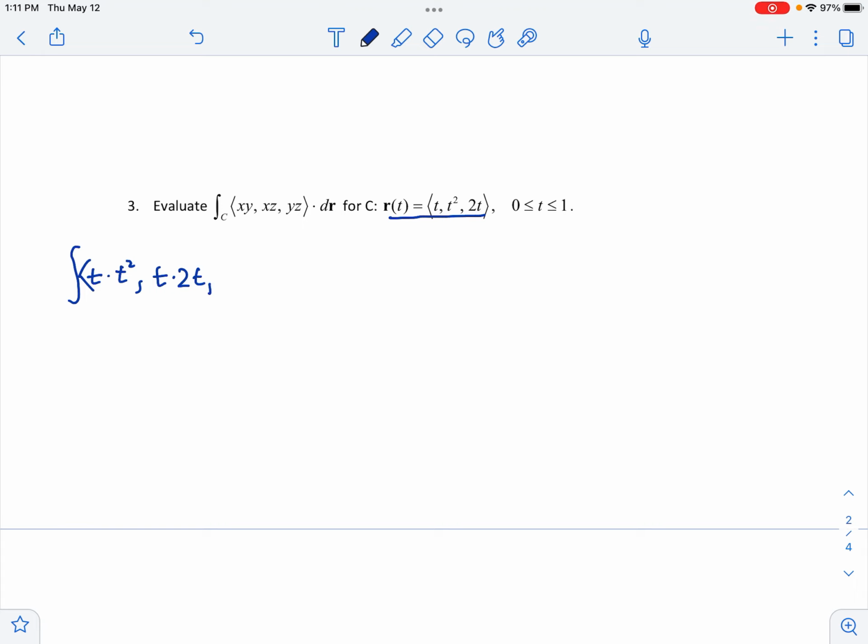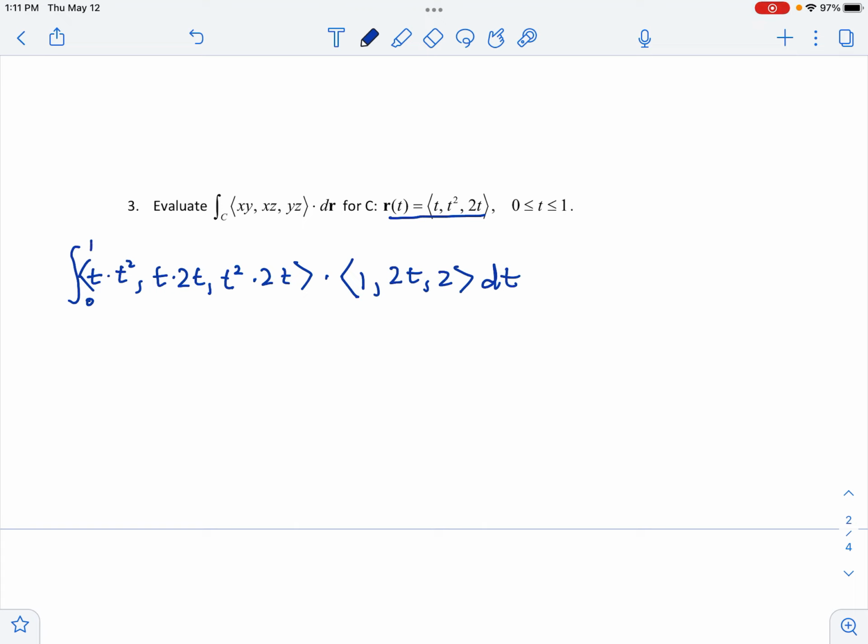Then I've got y and z. Okay, there we go. Now I'm going to put in here the derivative. So this right here is going to be 1, 2t, and 2 dt. And I'm going from 0 to 1.